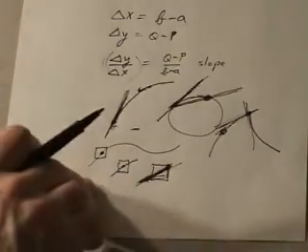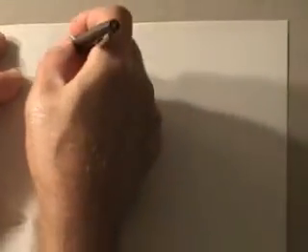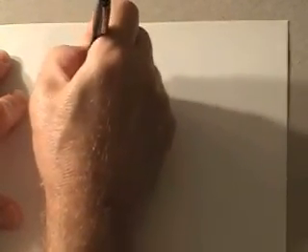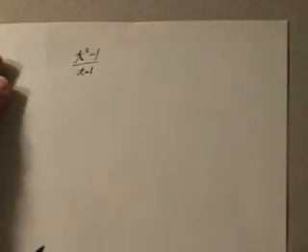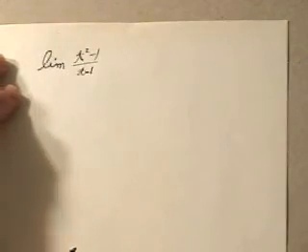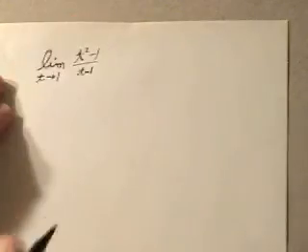Okay, let's step back and look at some notation, because we need to talk about limits and calculate some limits and talk about limits in slightly different ways. For this example, a few minutes ago we were looking at t squared minus 1 over t minus 1 and asking the question, what happens to this thing as t gets close to 1? We can write this compactly by using this notation, LIM, which stands for limit, and then we write underneath it t arrow 1.